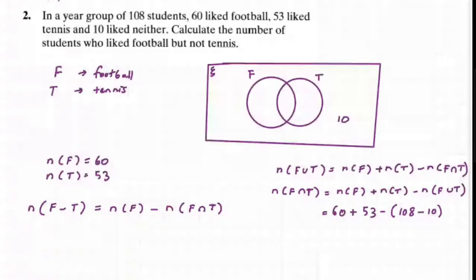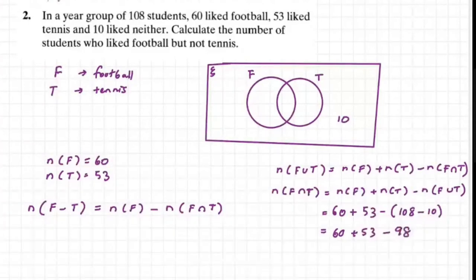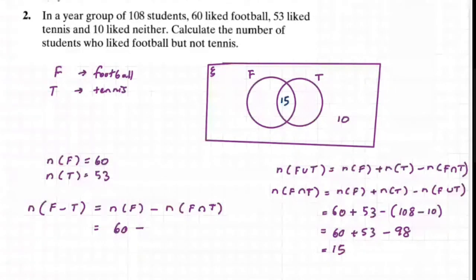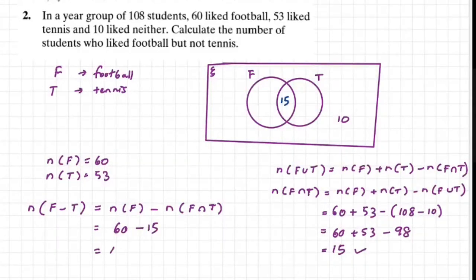So you will get 60 plus 53 minus 98, so the answer will be 15. So the number of elements in F, 60, minus the intersection that you got just now, 15. So the answer will be 45.